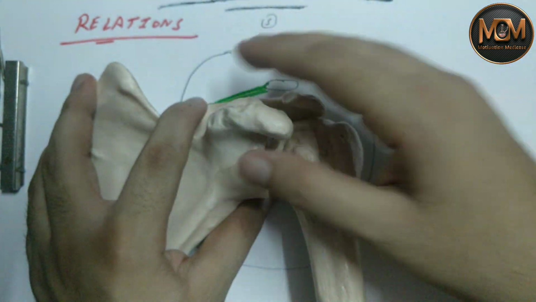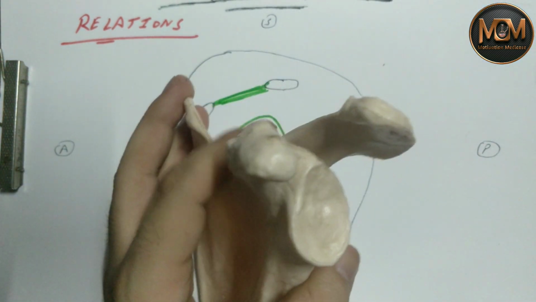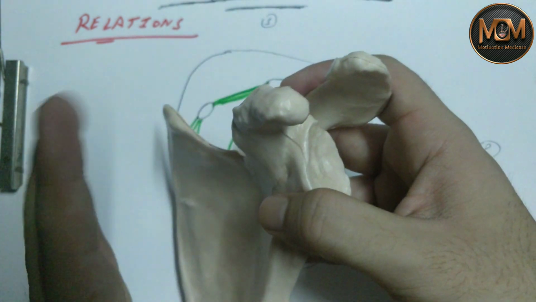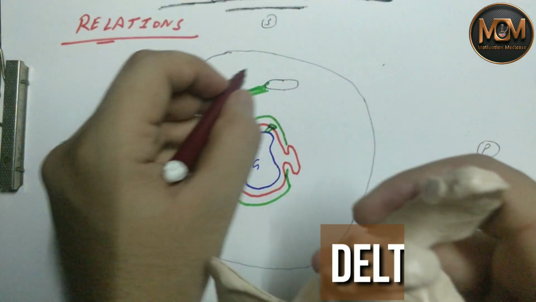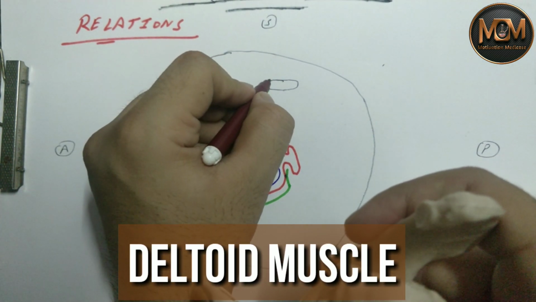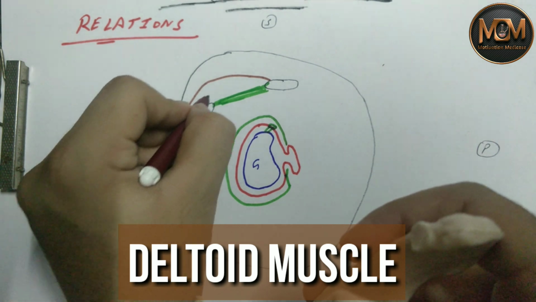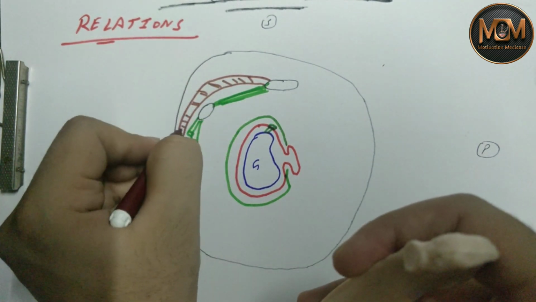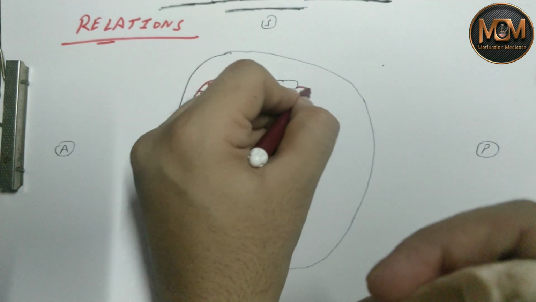So if we cut like this, we can have the muscle on both sides, anterior and posterior, the deltoid muscle is present on both sides. So we'll draw the deltoid muscle. So this is going to be our deltoid. It is present on both sides.